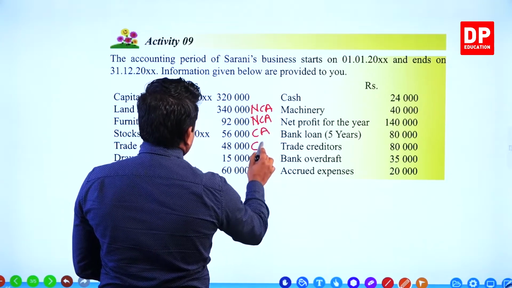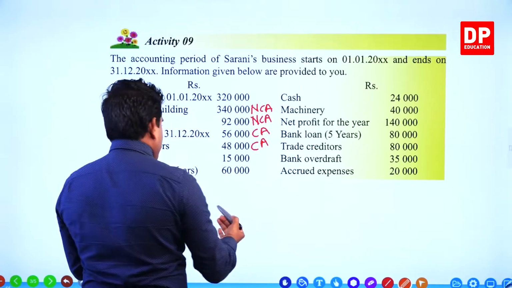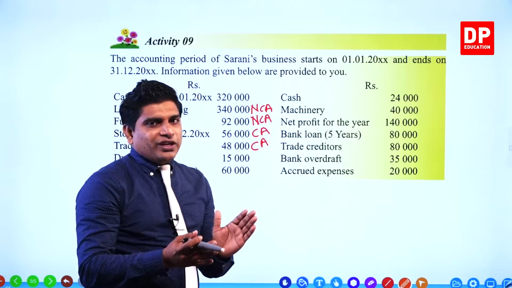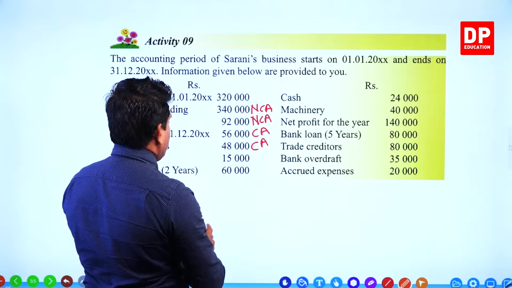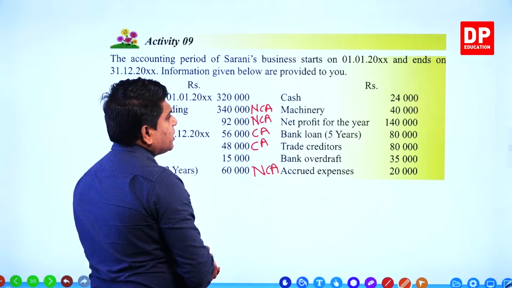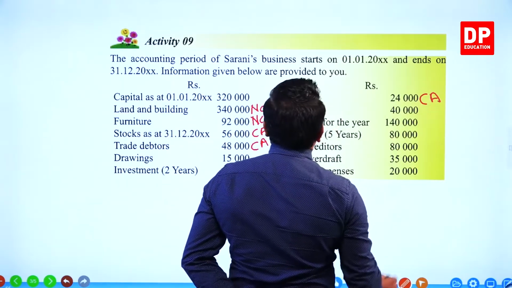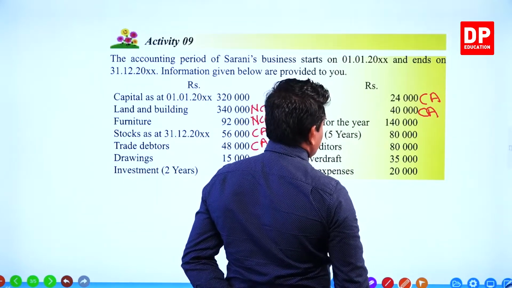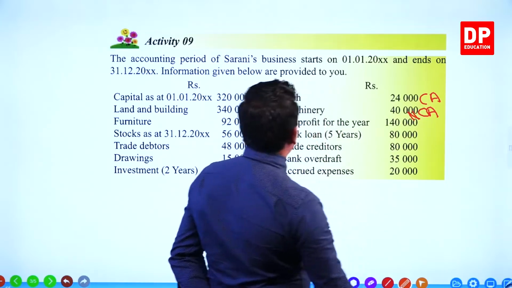Trade debtors, current assets. Drawings, after the capital we record drawings: capital plus net profit, after that drawings, right? Then investment 2 years, non-current assets. Cash, current assets. Machinery, current assets? Is it current assets? No, no, no. It is non-current assets.